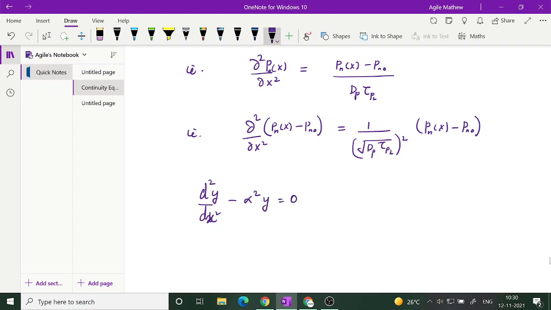So what do you think is the solution for this? What is the solution for this particular equation? You must have studied this second order homogeneous linear differential equation. Anybody? You can have two solutions. Can you tell me what is the solution?